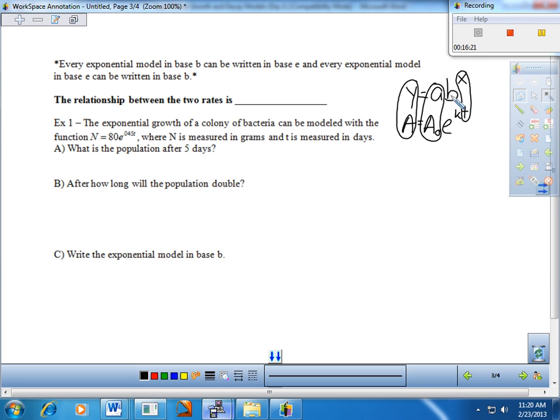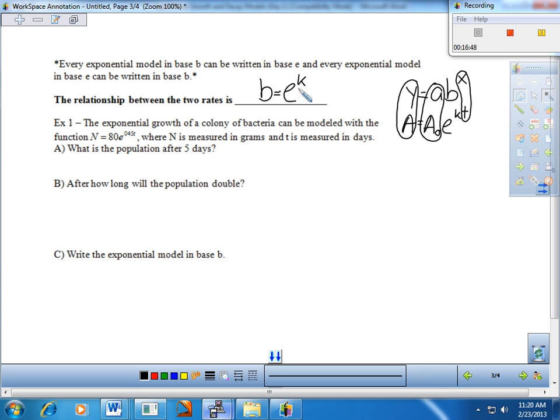So our B value is equivalent to e to the k, and that's just the algebra that we'll explore. We won't do too much with it, but it is something you will be able to work with algebraically, and that's all. This would be the effective rate. This would be the continuous rate. That's all.